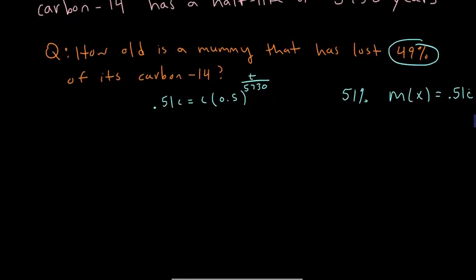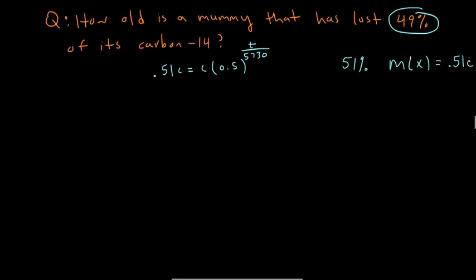But essentially, when you get down to the old brass tacks, it's really just 0.51 equals 0.5 to the t over 5730. And the concept there is that we then know how to solve because we can use logarithms or natural logarithms, whatever floats your boat.